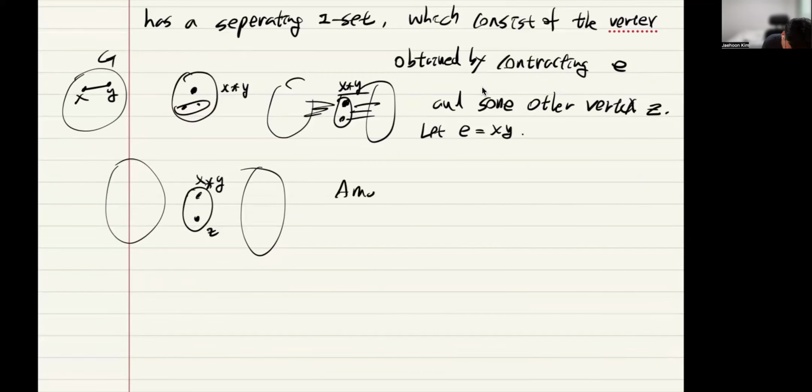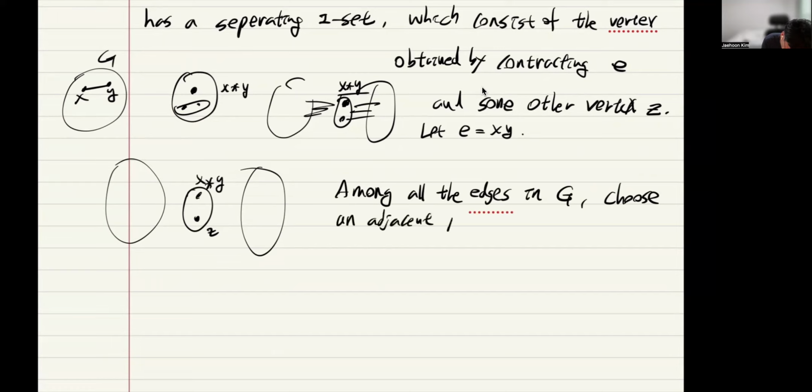Then what? Among all the edges in G, we choose an adjacent pair x, y, and say their companion z. Let's write z as z sub xy.